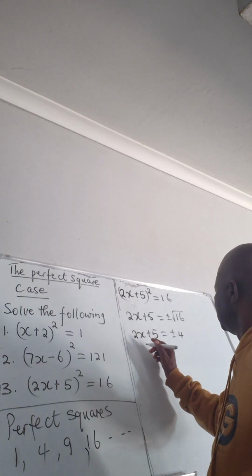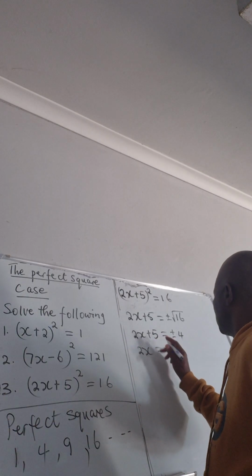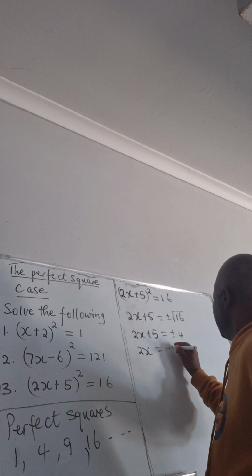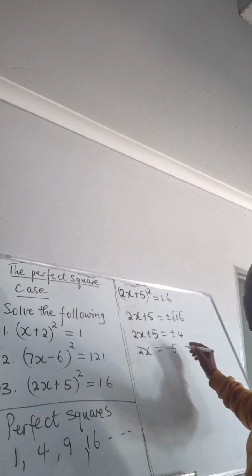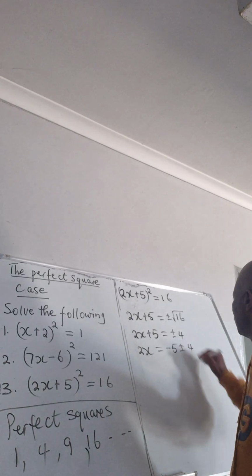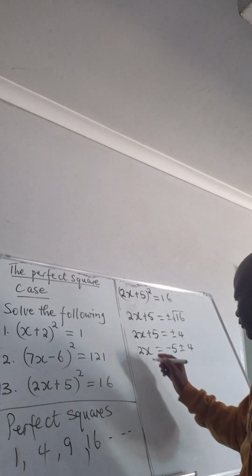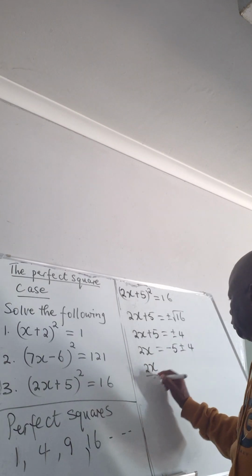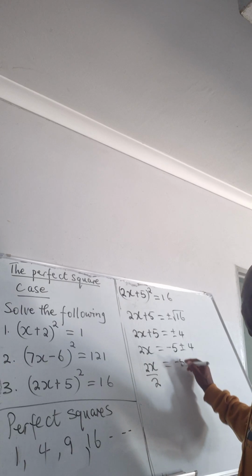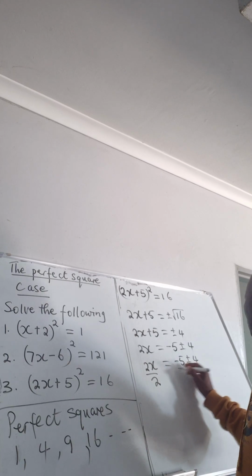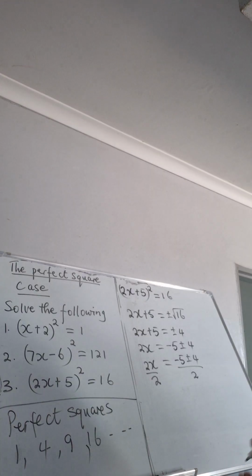Now, 2x is equal to, take the 5 to that side, it becomes negative 5 plus or minus 4. Divide everything by 2, so x equals (minus 5 plus or minus 4) over 2.